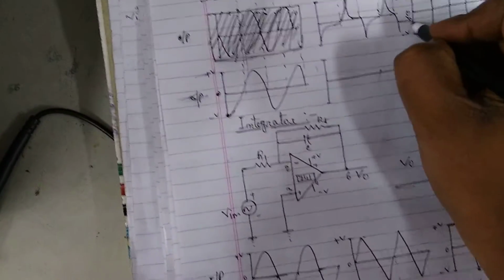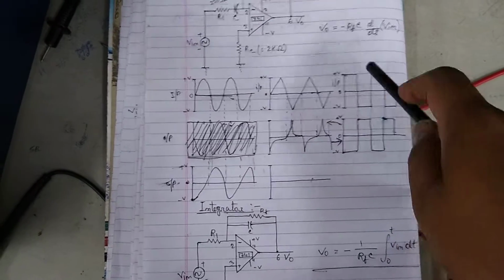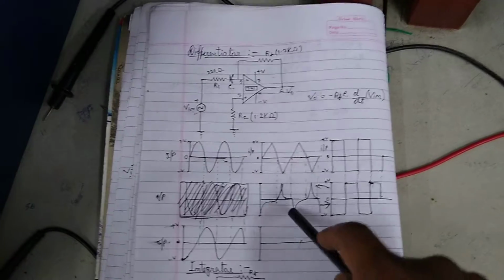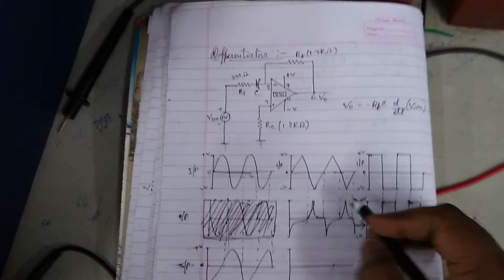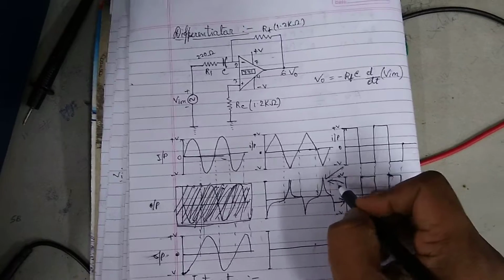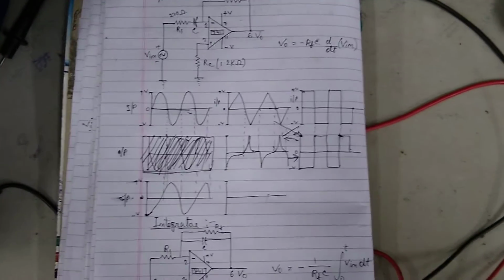And if we apply a rectangular waveform at the input of the differentiator, we will get a sawtooth waveform. The spikes will be coming. Let me show practically. This was a mistake.